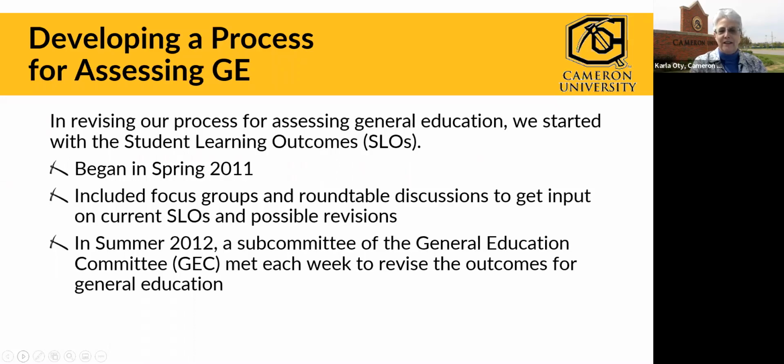I cannot overemphasize how hard this process can be, right? Because people have been using these for a while. They either loved them or they hated them. And so we did a lot of focus groups, roundtables, discussions. We just let people talk. We invited people who were assessing these SLOs in their courses and had them talk about it.